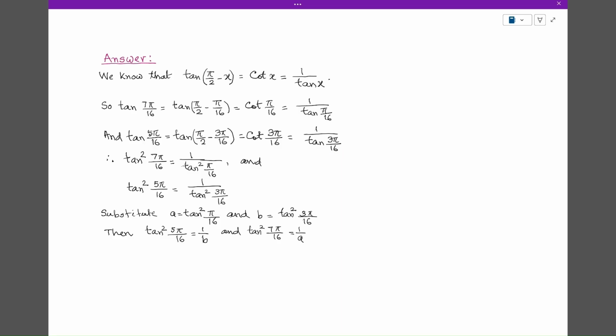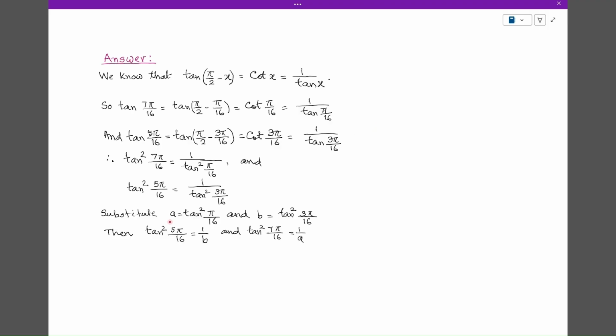Therefore, tan square 7 pi by 16 is equal to 1 divided by tan square pi by 16. Similarly, tan square 5 pi by 16 is equal to 1 divided by tan square 3 pi by 16 from this result.